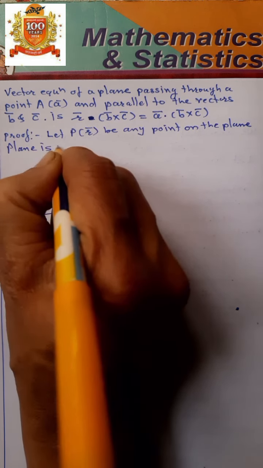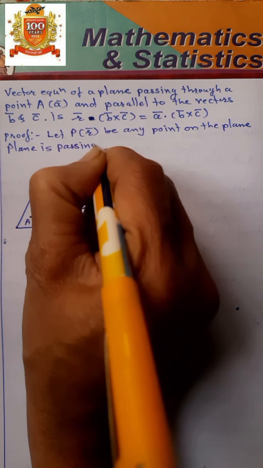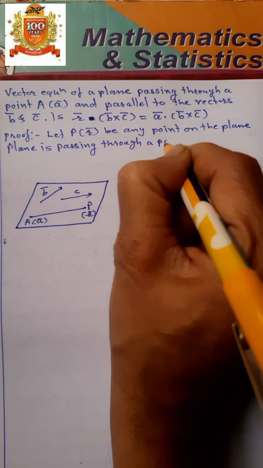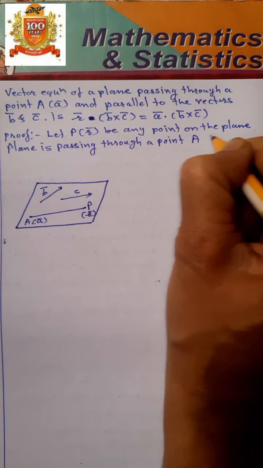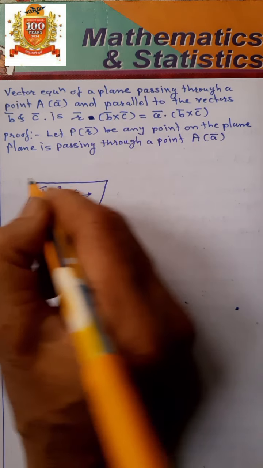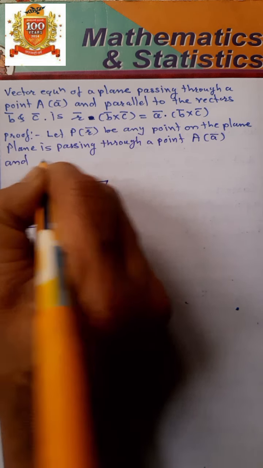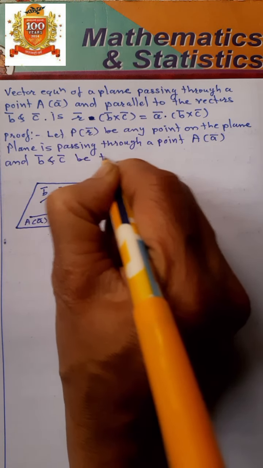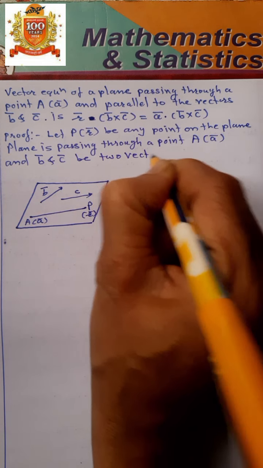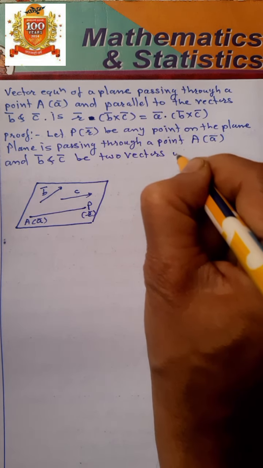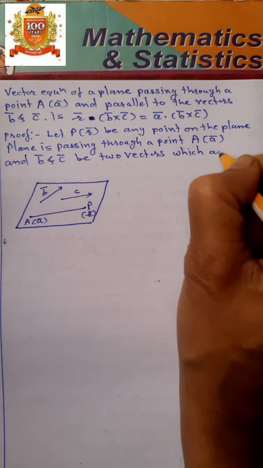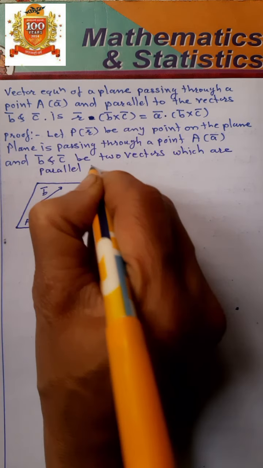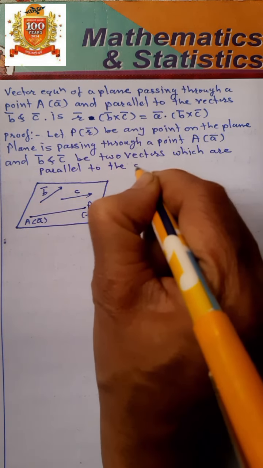The plane is passing through a point A bar, and B bar and C bar be two vectors which are parallel to the given plane.